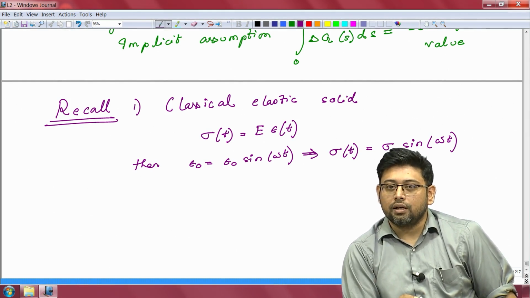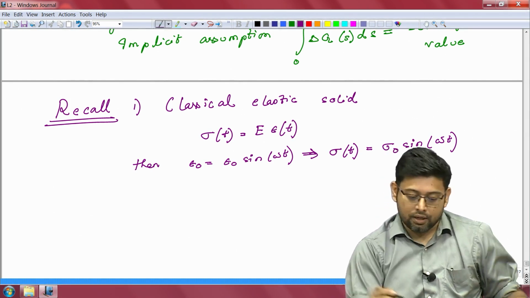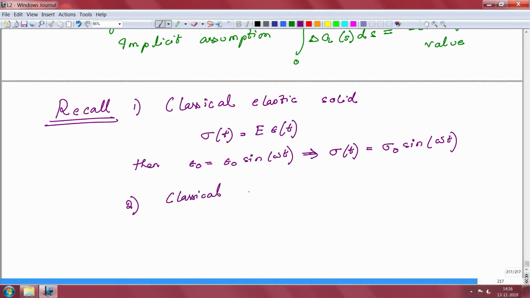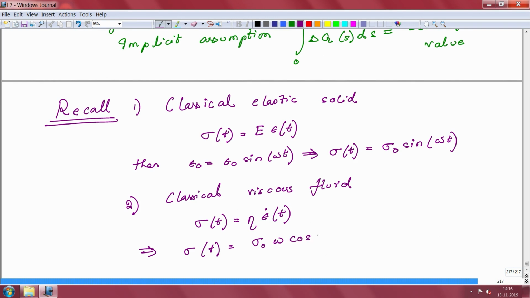But what happened when we did this for a classical viscous fluid? Let us quickly take a look. The stress-strain relationship in that case was given by a viscosity, and when you put in the same condition, you get some constant, again call it sigma naught, times omega times cosine of omega t.